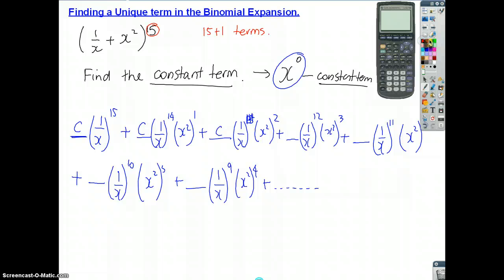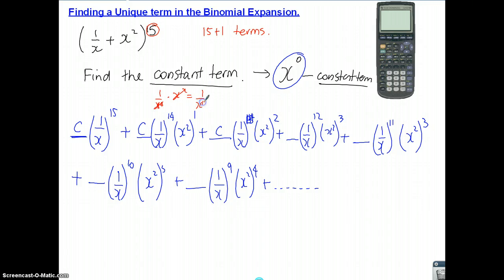All right, come over here and have a look at the terms. You can see which one of these terms is going to give us the x to the 0. All right, let's consider this term here. This one's going to be 1 over x to the 14 times x squared. Well, with a little bit of algebra there, we're going to get 1 over x to the 12.